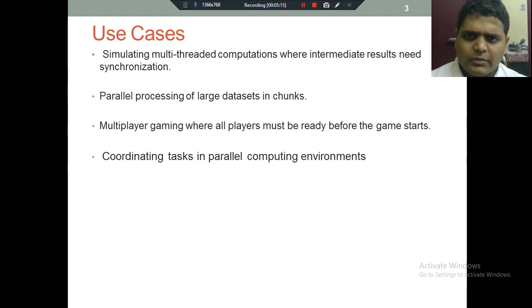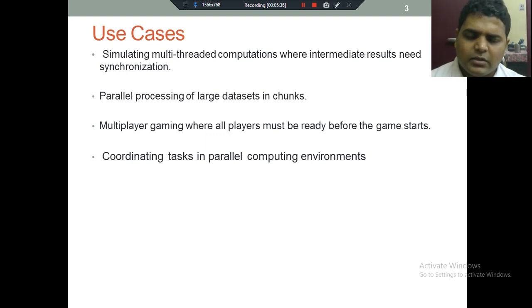The game cannot begin until all the players have arrived, because you have to choose how many players want to play the game, and accordingly the game is set, and once all the players have arrived, only then does the game begin.